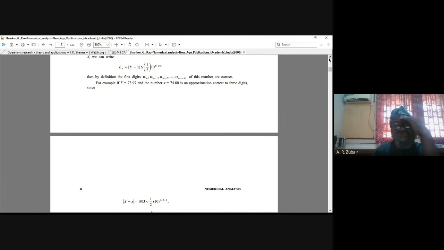That means the error, which is 0.03, is less than half times 10 raised to power 1 minus 3 plus 1. Where did they get this from? From that formula, it says m minus n plus 1.